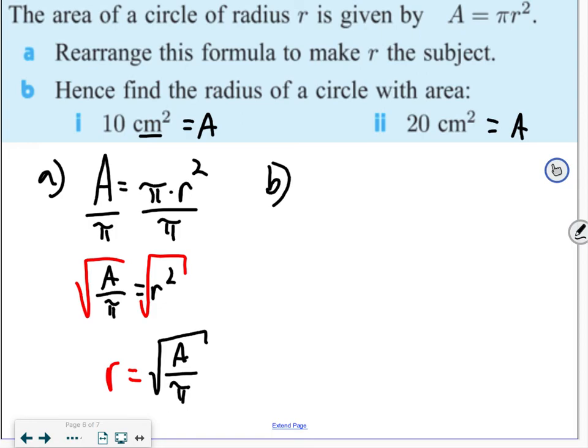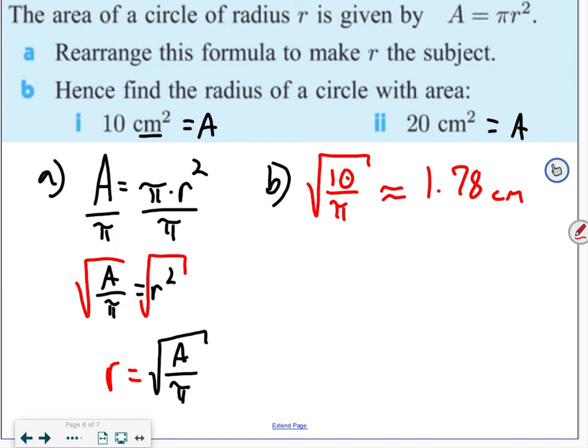We can use our formula that we've already solved for in part A without doing any rearranging. So we do the square root of 10, my area, divided by pi. Using my calculator, I have the square root of 10 divided by pi, and that's going to give approximately, it's irrational, 1.78, and my units again would be centimeters, the radius that gives an area of 10 centimeters squared.